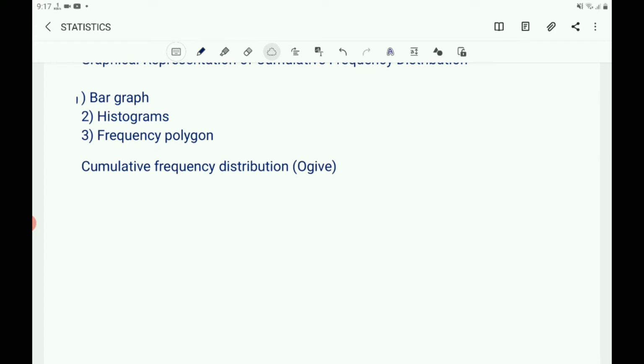The scale may not be the same on both the axes. So, this graph is called the Ogive or cumulative frequency distribution.